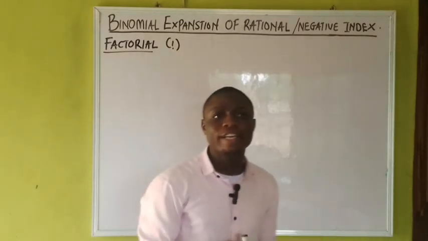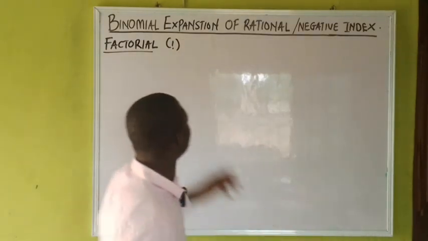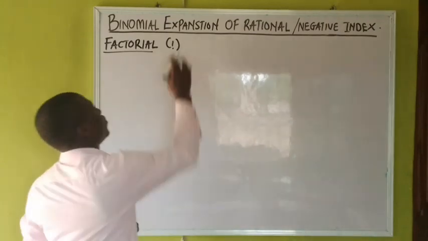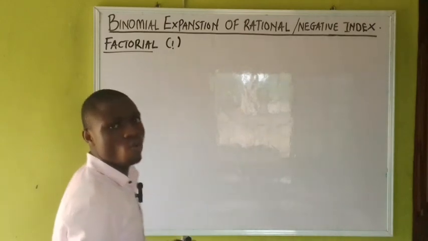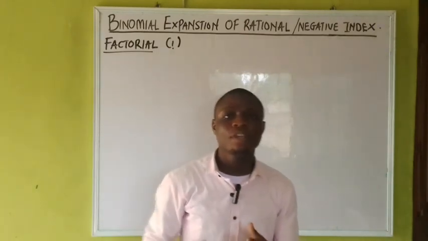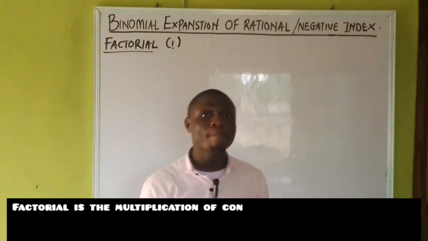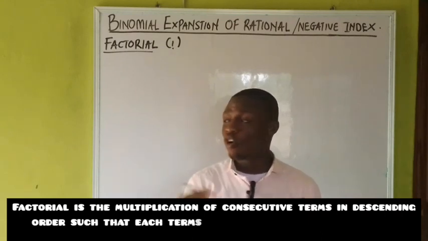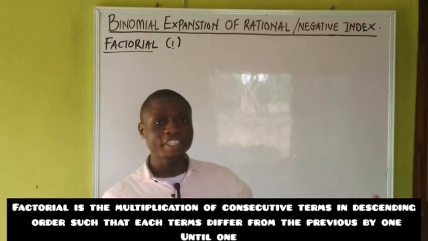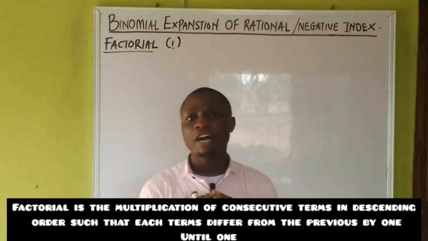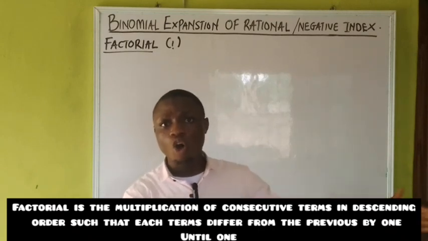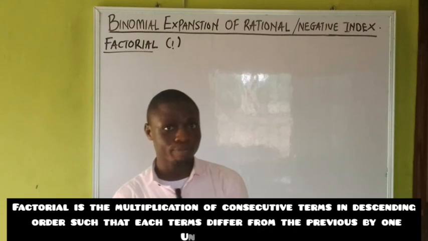A factorial is denoted with an exclamation mark. What is a factorial? A factorial is simply the multiplication of consecutive terms in descending order such that each term differs from the previous by 1 until 1.